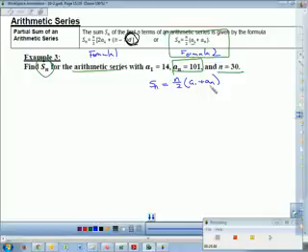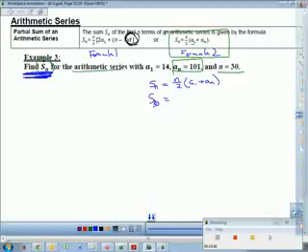Do you know S of n? S sub n. Do we know the sum of it? What do you think? That's what they want us to find, right? So we don't know it. Do we know the term number, though? Instead of putting an n there, what can we put there? 30. So this means the sum of the first 30 terms in this sequence. Cool?